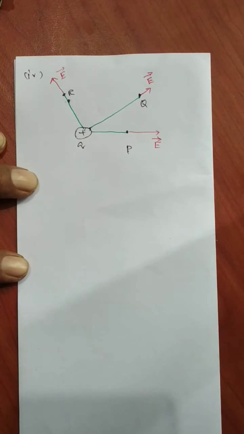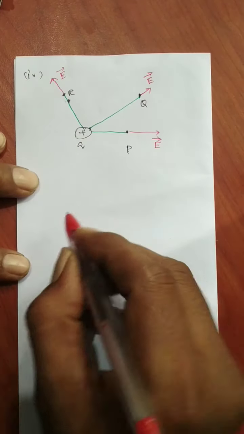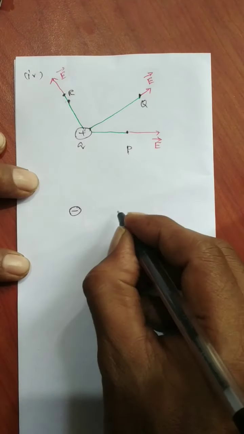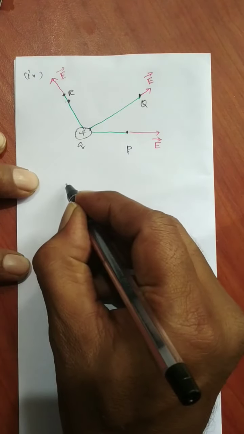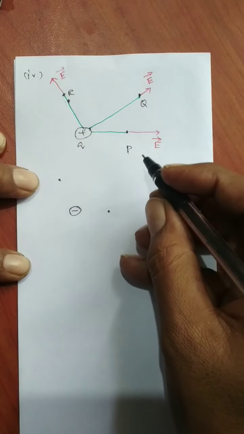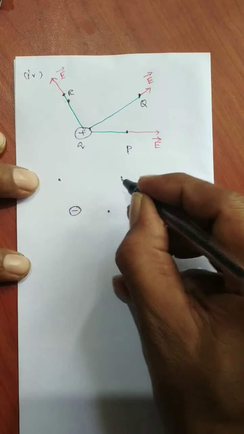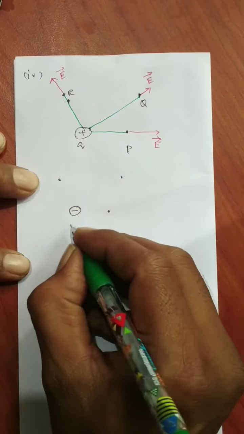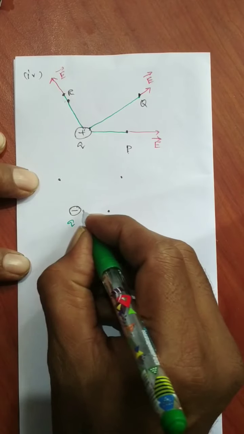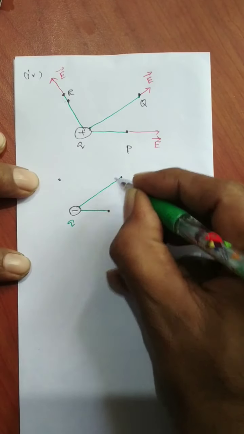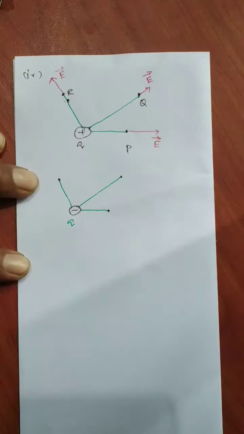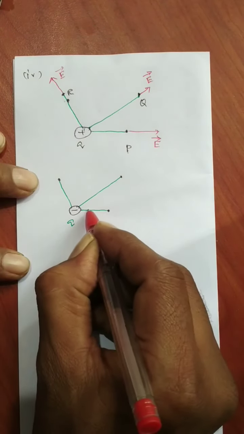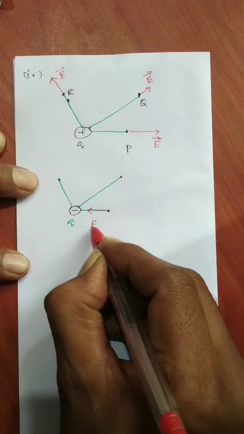In the same way, if you take the negative charge, this is very near, this is a little bit away, this is at a still higher distance, and you can consider this the charge Q. The electric field acting at this place, because it is very near, is higher.